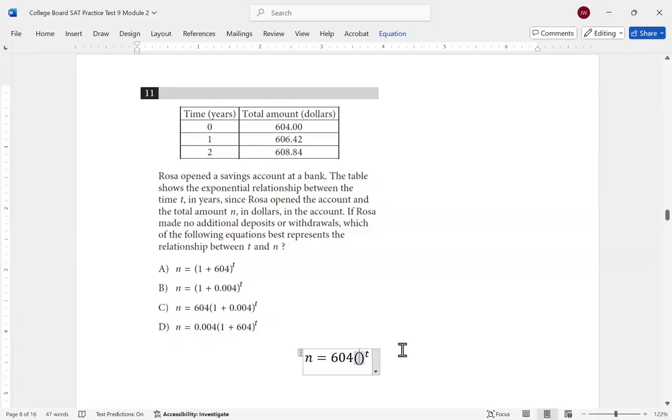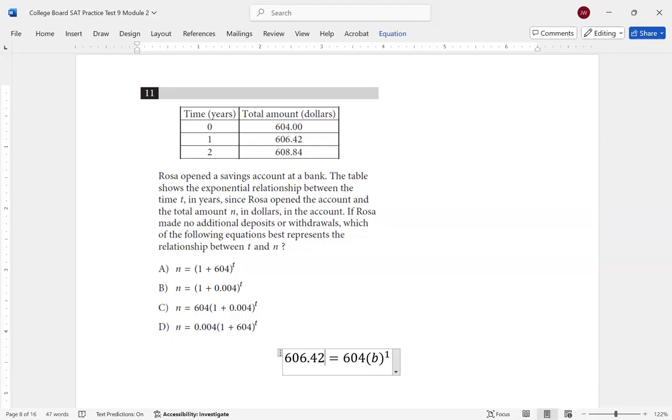Well, we could find it by plugging in 1 and seeing that it gets you to 606.42. So basically take the base, solve it by plugging in 1 for t, and seeing that the amount gives us 606.42.